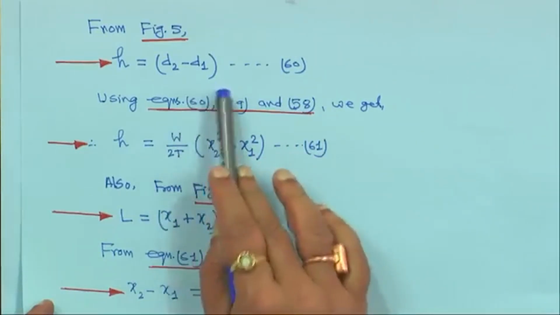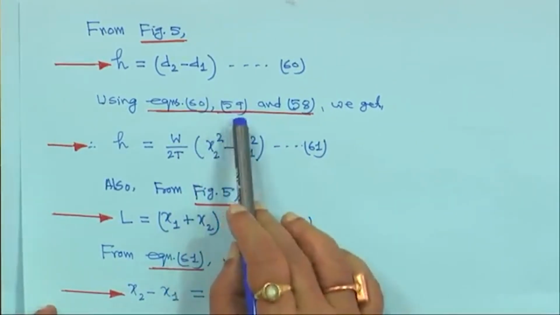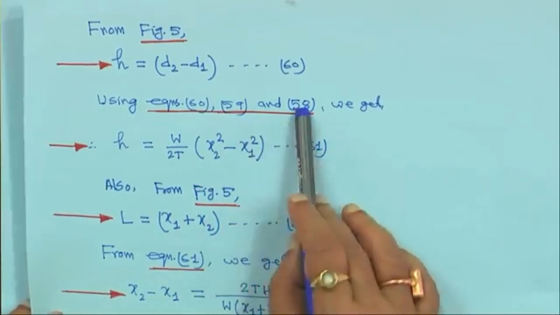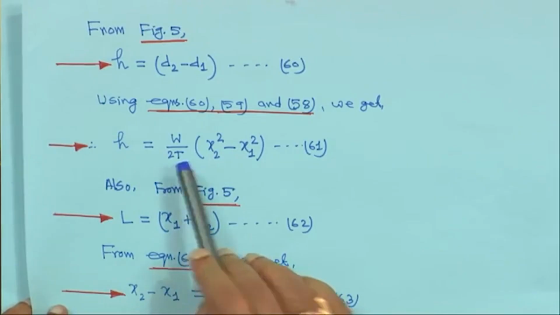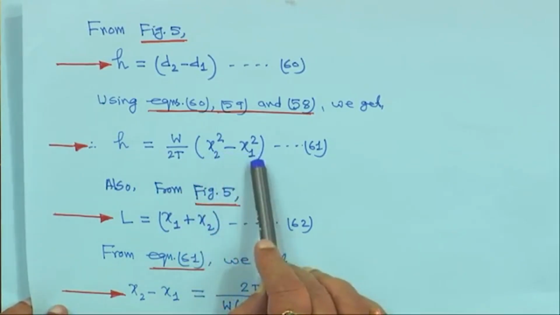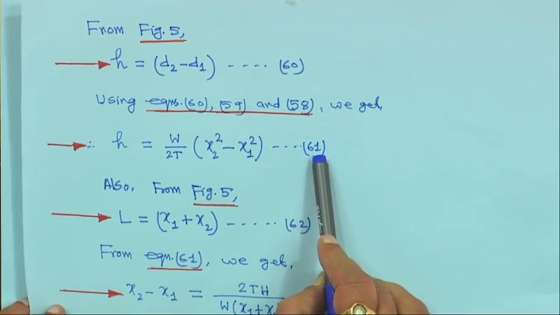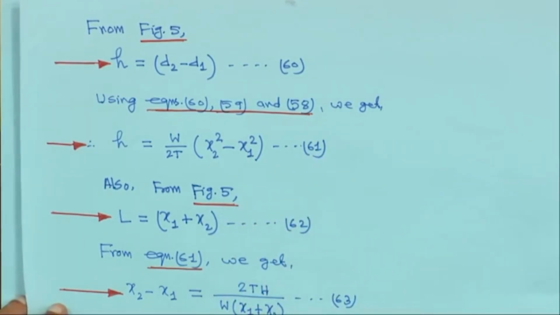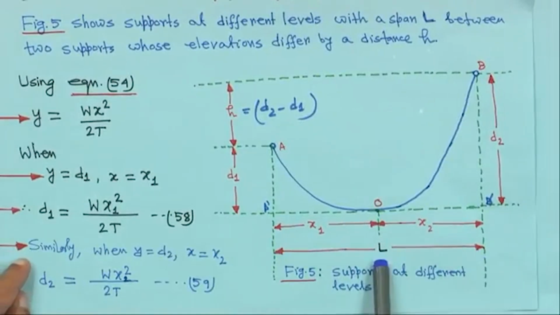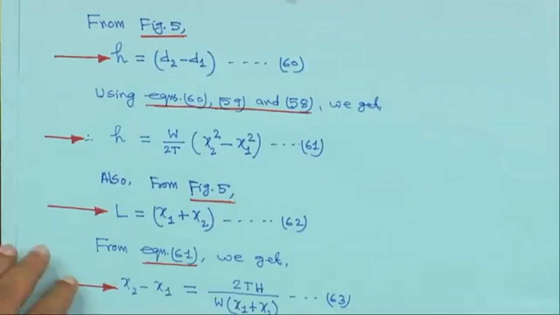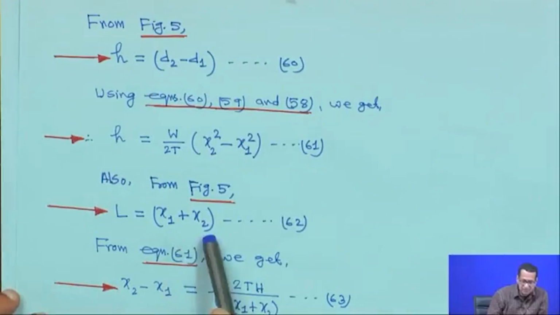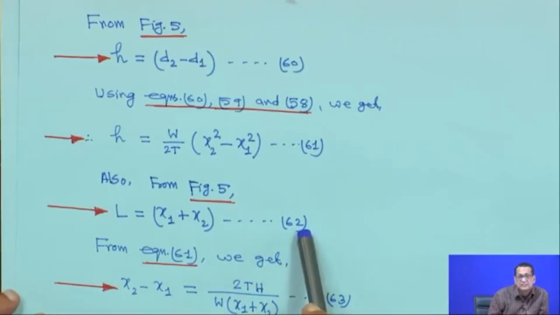Substituting d2 and d1 from the previous two equations, 59 and 58, it becomes h is equal to w upon 2t into x2 square minus x1 square, this is equation 61. Also from figure 5, the horizontal distance L is equal to x1 plus x2, this is equation 62.